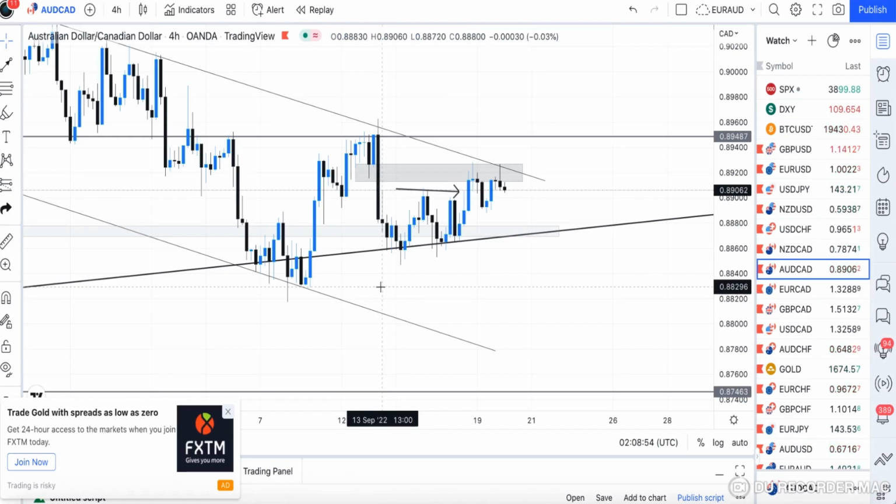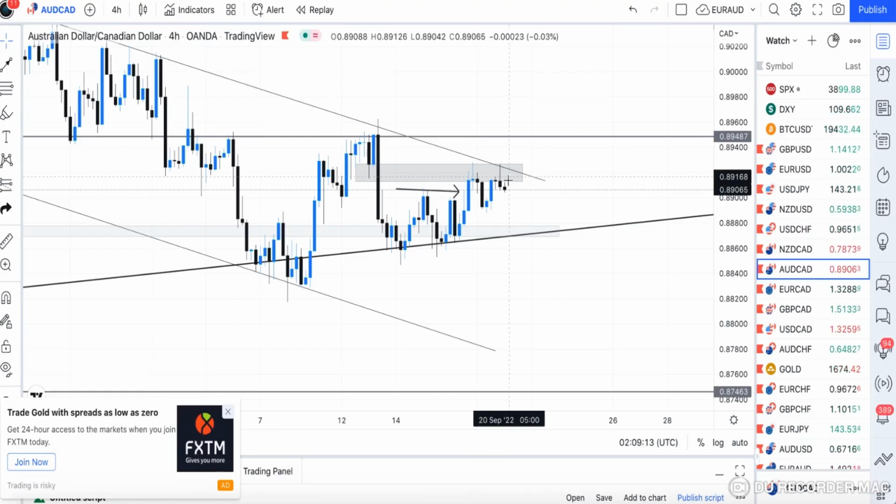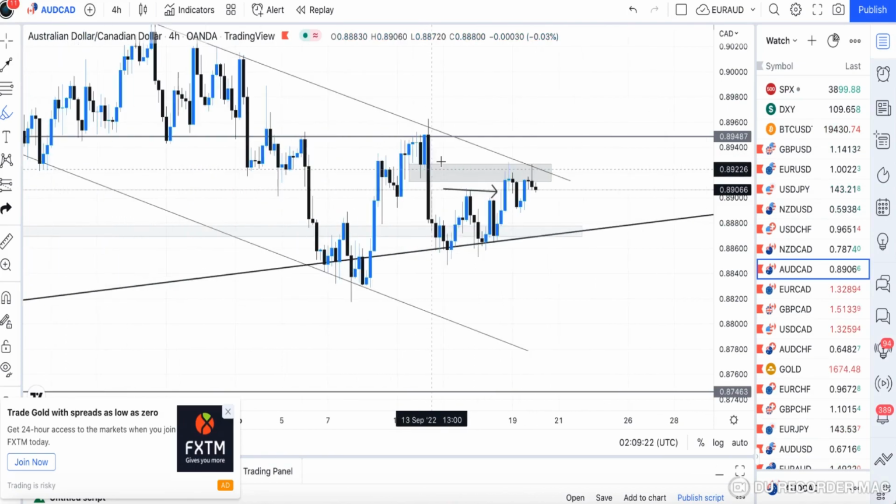Then we might see a break of this level too, then we'll see a respect of this support or trend line. But if we see, let's say, a weaker than expected Canadian CPI, then we can see a break above this particular level. We can have a break above this particular level to the upside. That's when I will change my bias.